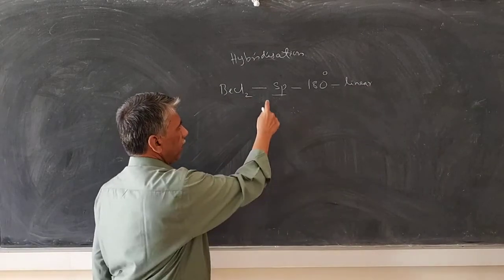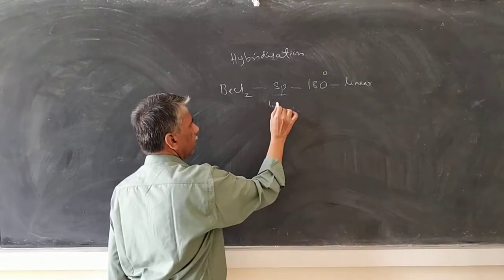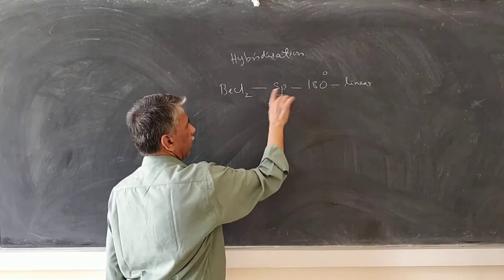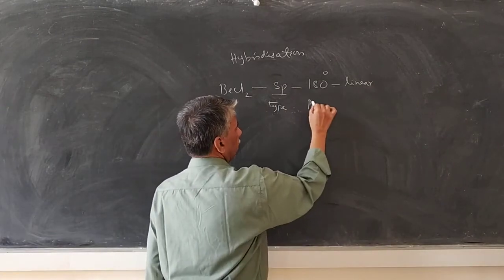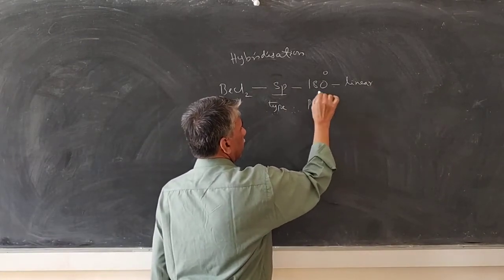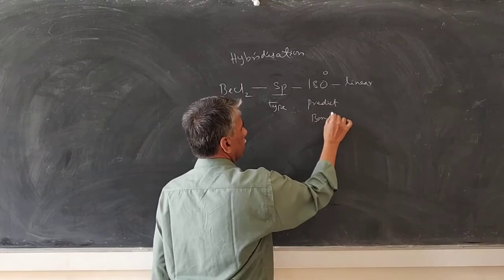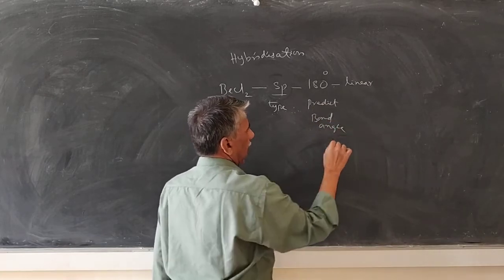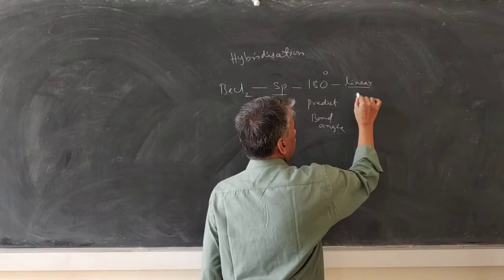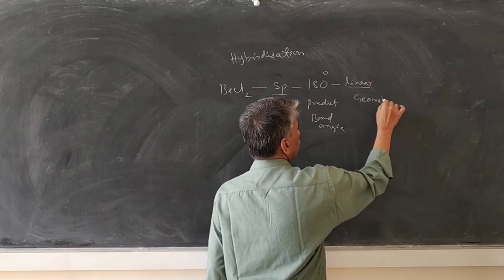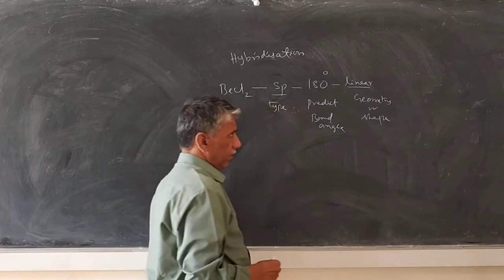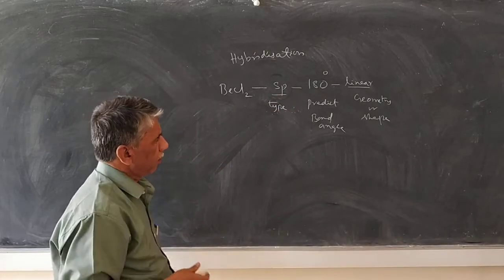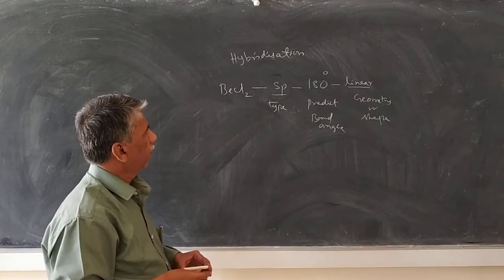So, if we know the type of hybridization, you can easily predict the bond angle as well as the geometry of the molecule or shape of the molecule. This is the important application of hybridization.